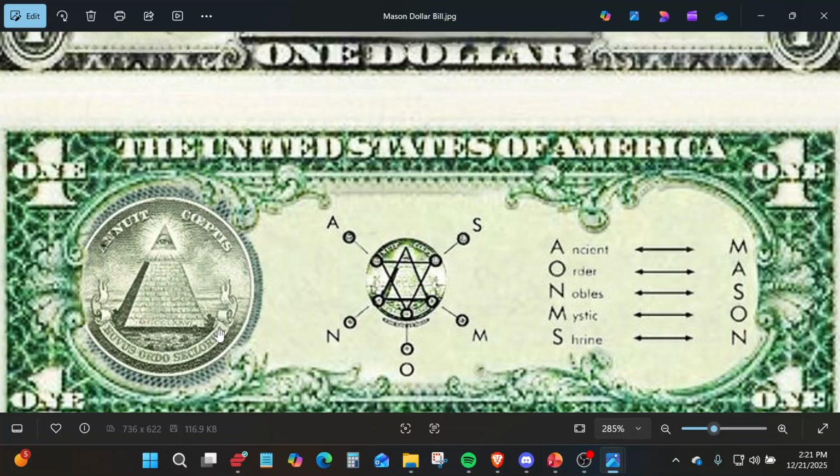That actually is the M here, A at the beginning of Annuit, the end of Coeptis is the S. You have the O at the beginning and the middle of Ordo, and Novus for your final N there.